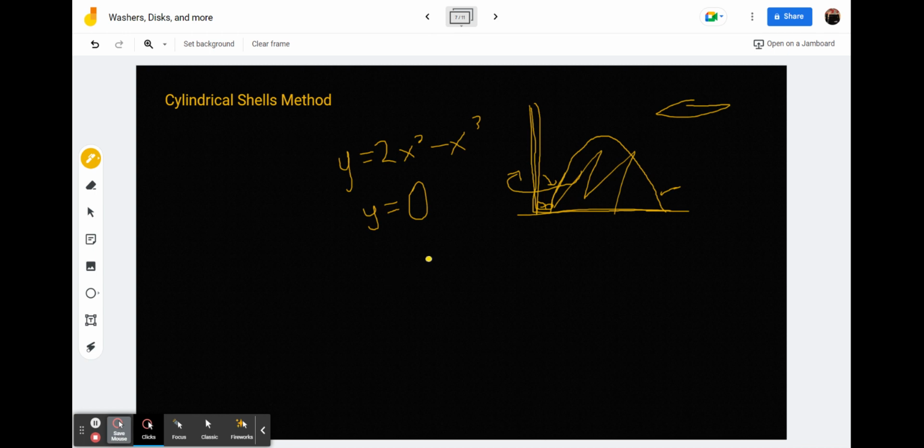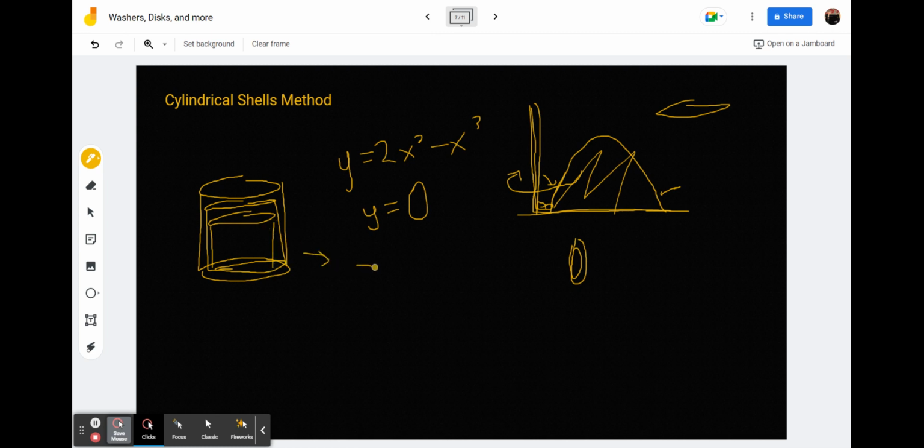Instead of treating the solid like a sum of disks like this, we can instead take a hollow cylinder, which we'll call a shell, a cylindrical shell, and then inside we can put another hollow cylinder, and another one, and another one. And if I keep adding this, I'll eventually get this weird 3D volume.